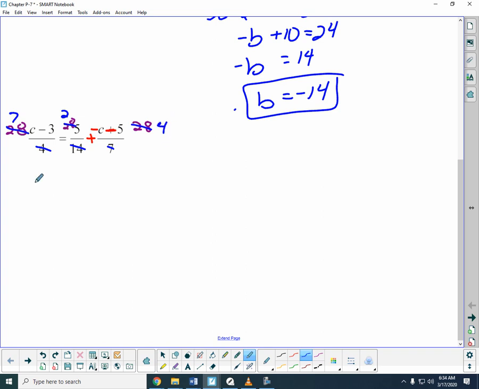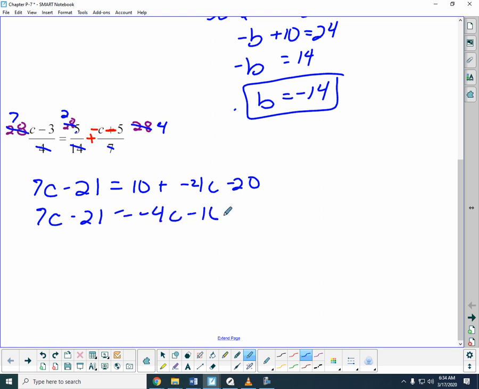So I distribute the 7 and I get 7c minus 21 equals 2 times 5 is 10 plus 4 times a negative c is a negative 4c. 4 times a negative 5 is a negative 20. Combining my like terms, I get 7c minus 21 equals negative 4c minus 10.